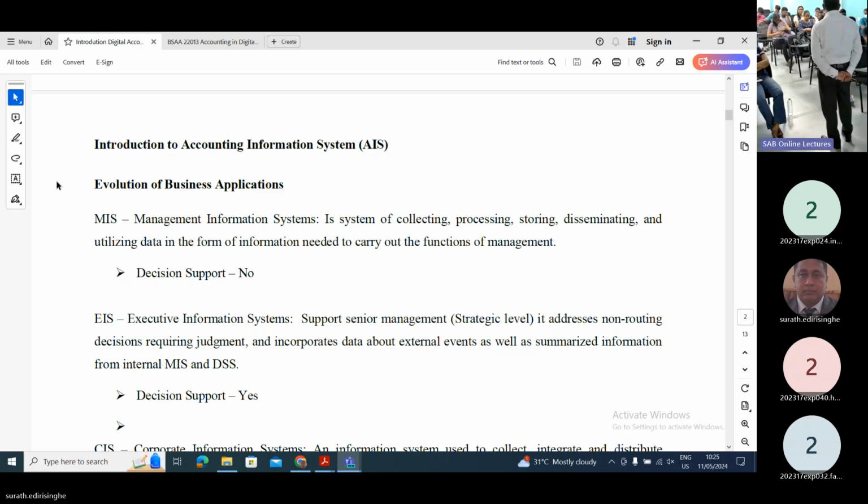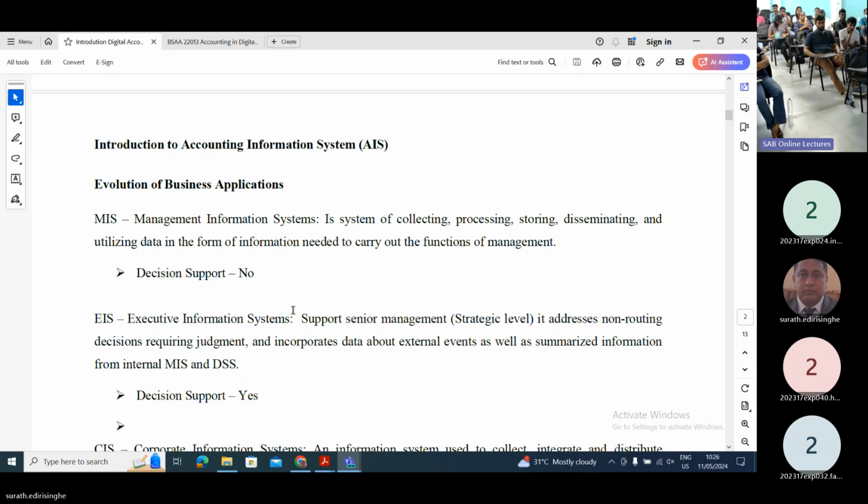Using this information, management or operation level people share the details and the decisions are taken by them. The MIS does not have the capability to generate decision making ability. This is the major weakness of the MIS.